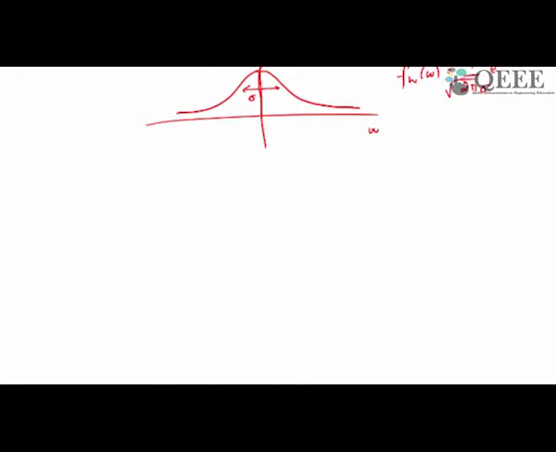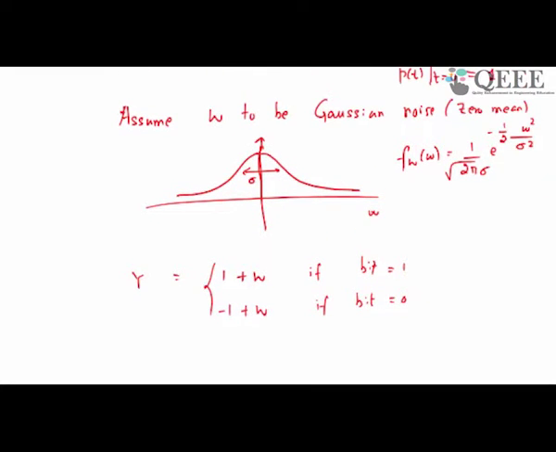Now let us look at the statistics of y. y is essentially 1 plus w if the bit is 1, or minus 1 plus w if the bit is 0. So you are adding a Gaussian random variable to 1 if the bit is 1, or adding -1 to the Gaussian random variable if the bit is 0.